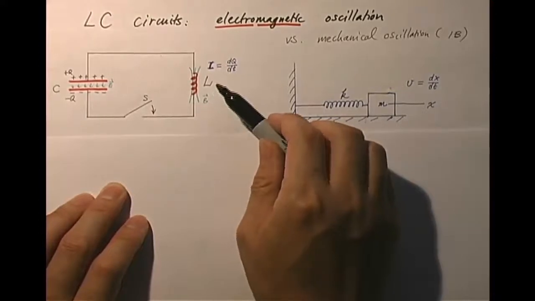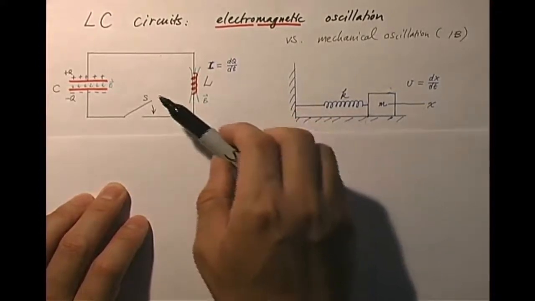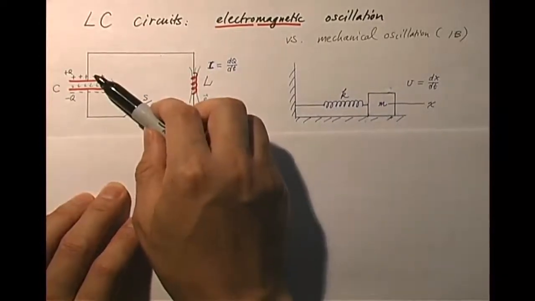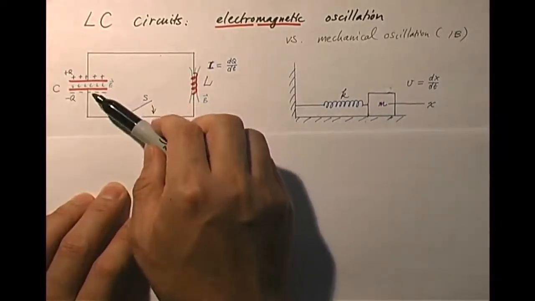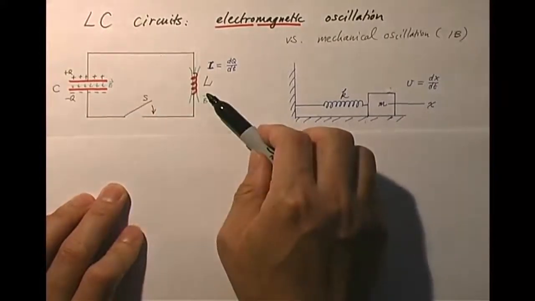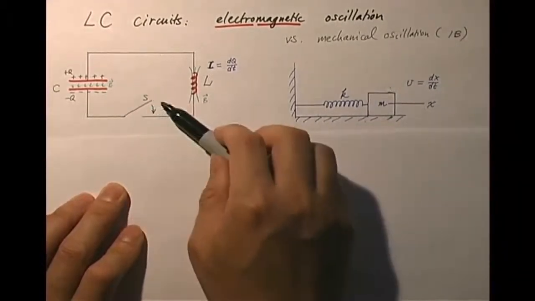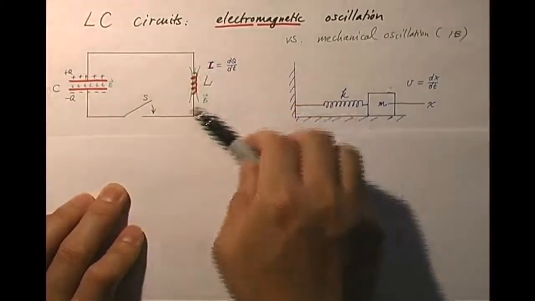Okay? And then suppose I start with a certain amount of charge on these two plates. So the capacitor is initially charged and there is no current running. At that moment, of course, there is only one form of energy in the system, which is electric energy. Now suppose I close the switch so a current can start to flow.